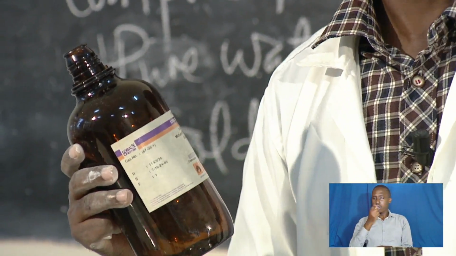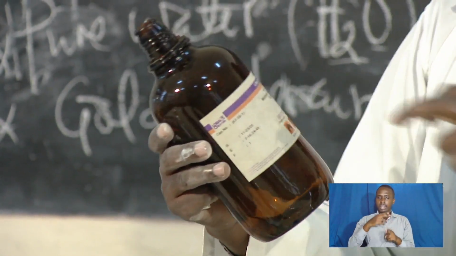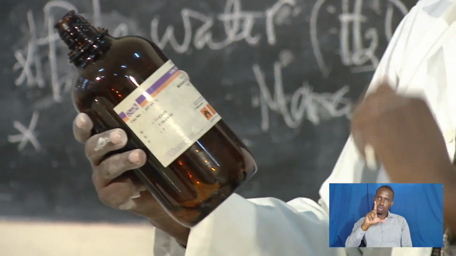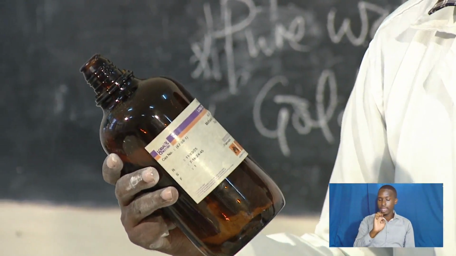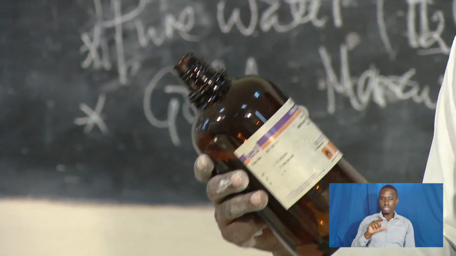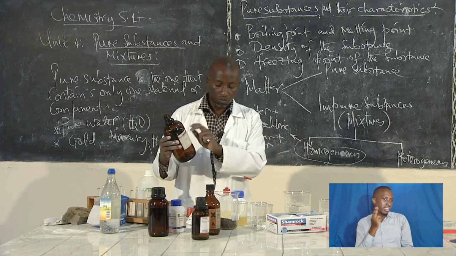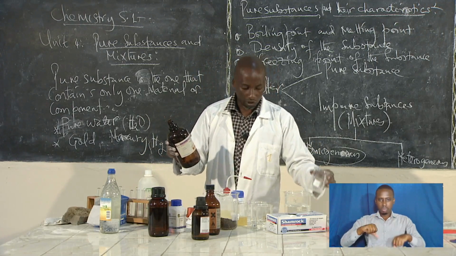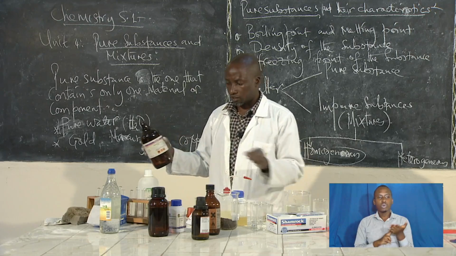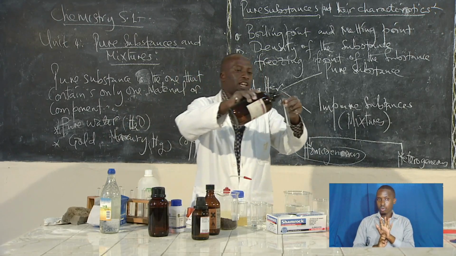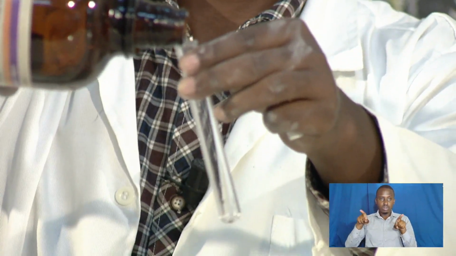It is ethanol. But this methanol is very poisonous. When you drink it, it causes immediate blindness and even death. So very dangerous. But here we just want to use it as an example of the mixtures which are homogeneous.